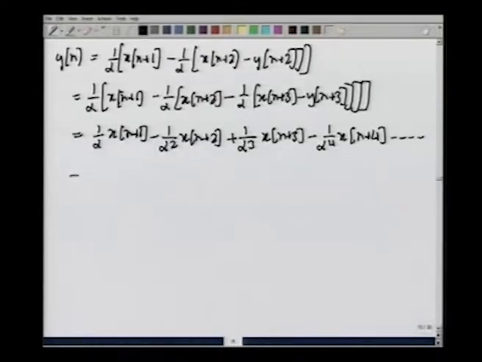So, I could write this as summation k equals 1 to infinity 1 by alpha to the power k, then I have minus 1 to the power k minus 1. This is the only way I will get the even terms to have a negative sign. By even terms I mean terms containing even values of k, and then I have x n plus k.